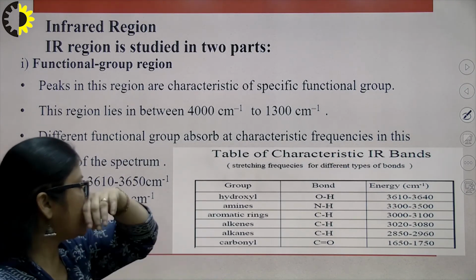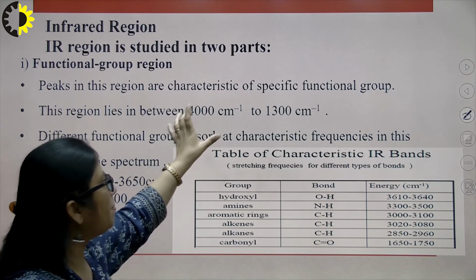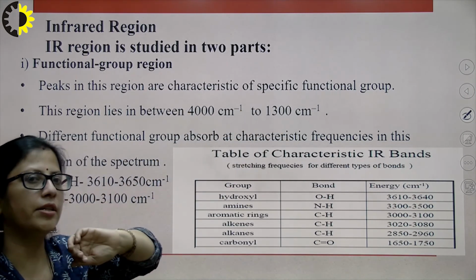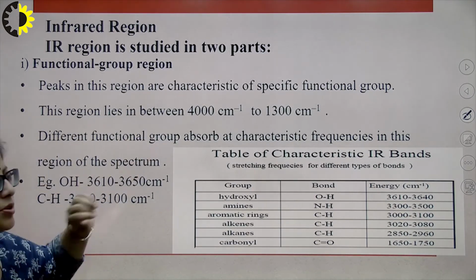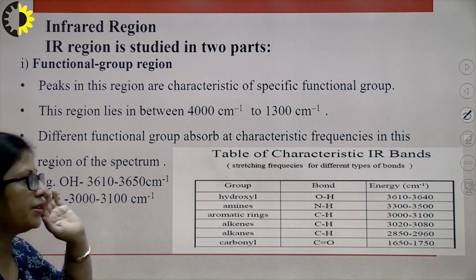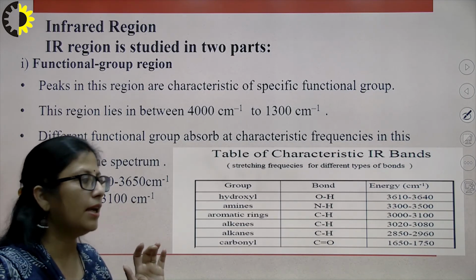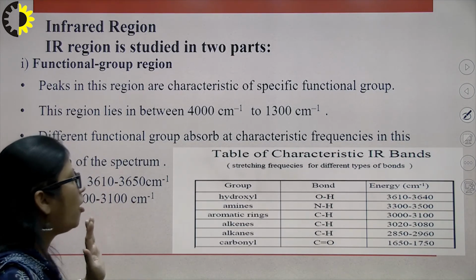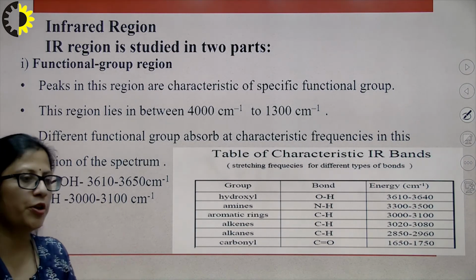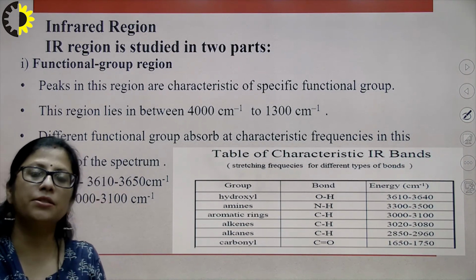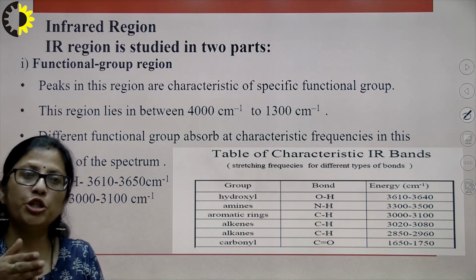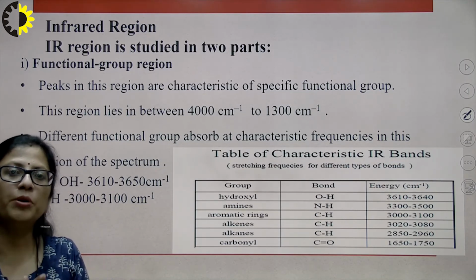So, all the functional group peaks come between 4000 to 1300 centimeter inverse, and the different functional groups absorb at characteristic frequencies in this region of the spectrum. Every functional group has a characteristic absorption position in this region. So, we can differentiate which functional group is present.